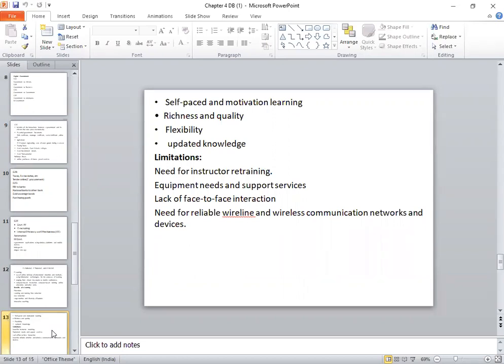Richness and quality is improved, maybe because of the digital mode. One can have full access to much of the database, so the quality of the content improves. Here more than one person may be guiding the students.